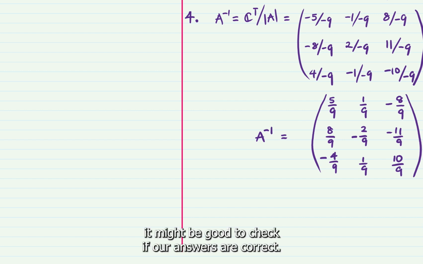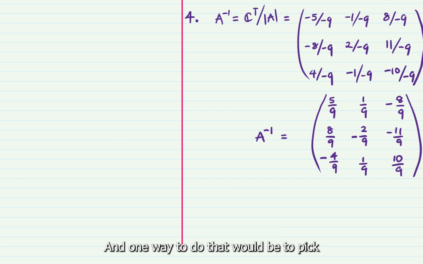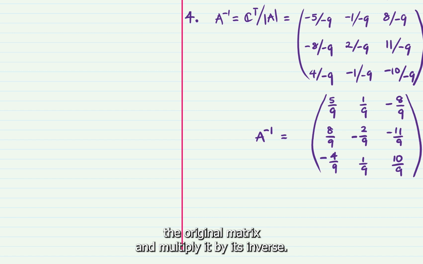Sometimes it might be good to check if our answers are correct. And one way to do that would be to pick the original matrix and multiply it by its inverse. Now what we expect to get will be the identity matrix. And if we get that, we know that we are correct.